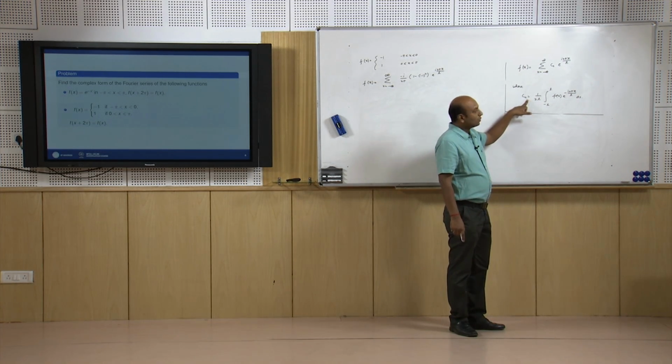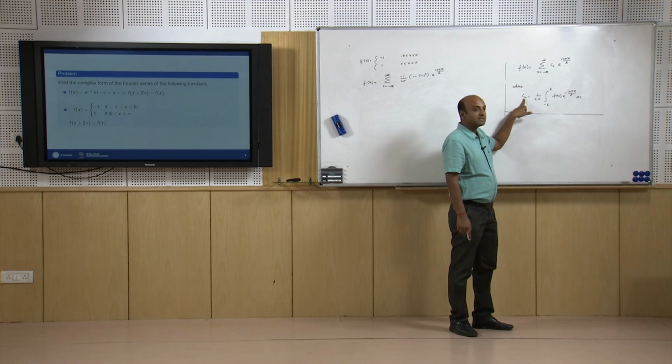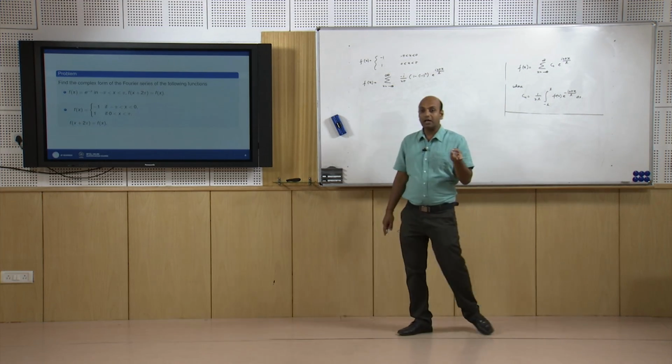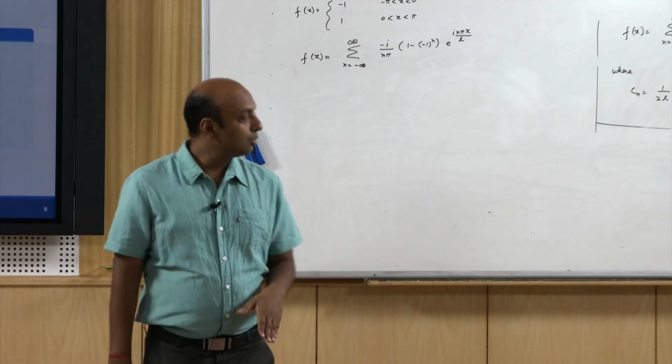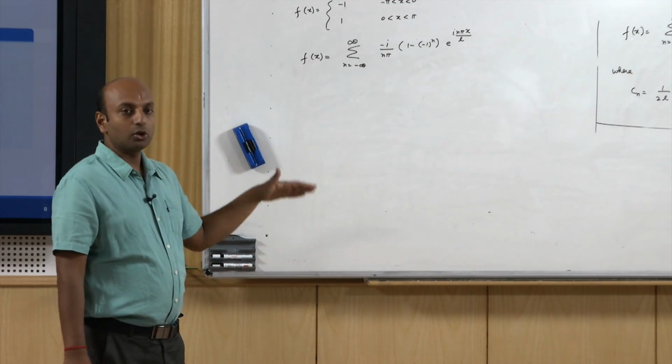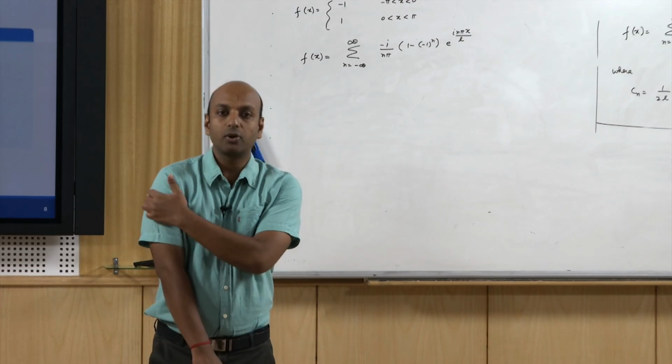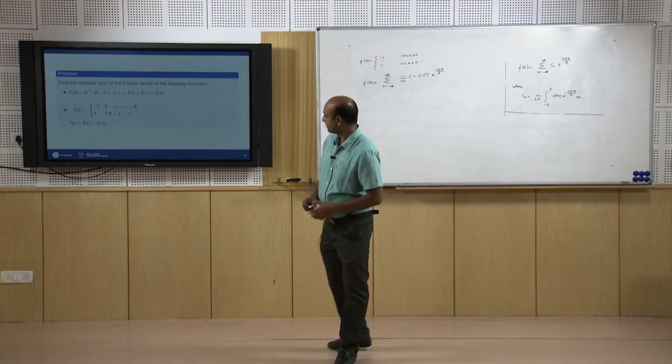Here the benefit is we have to find only Cn, whereas there we have to find A naught, An and Bn, the 3 coefficients. So, that is how we can find out the complex form of Fourier series of any function f(x).